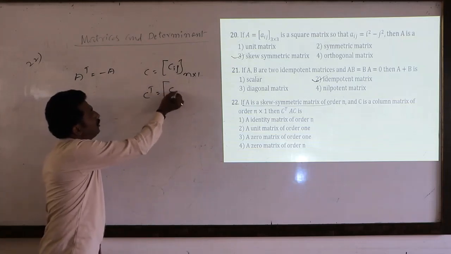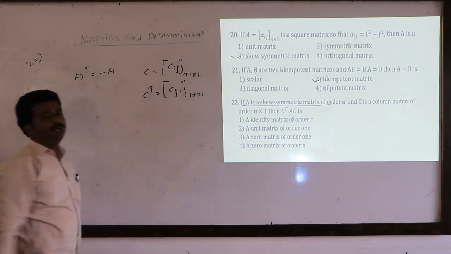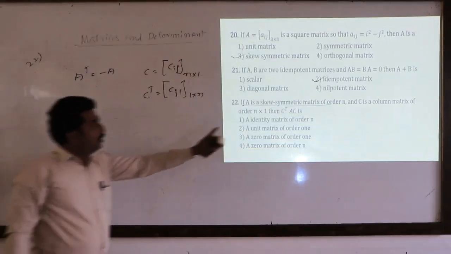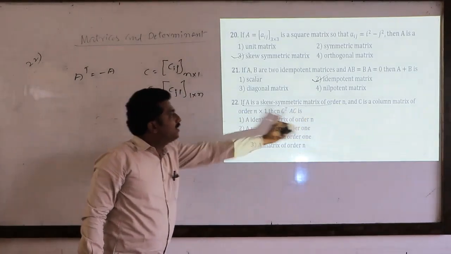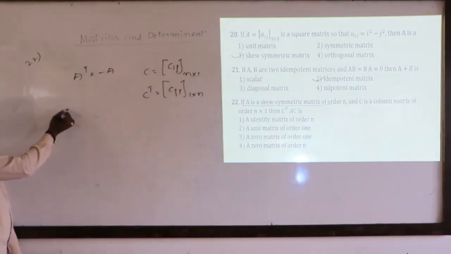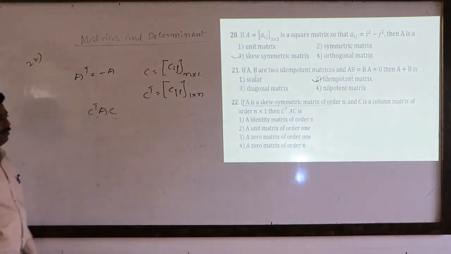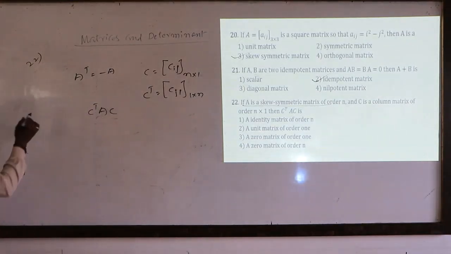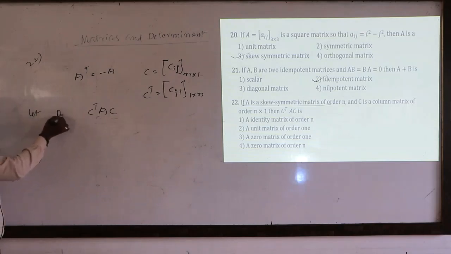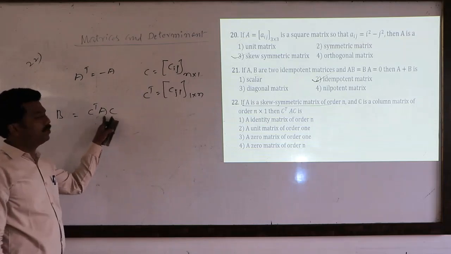This is Cji of order 1 by n. Then C transpose AC we have to calculate. Suppose this matrix I am taking B. B is C transpose AC.